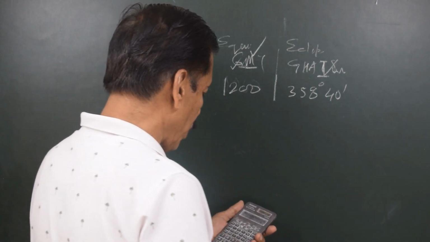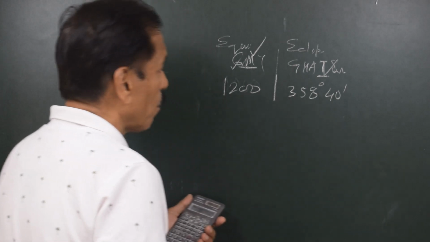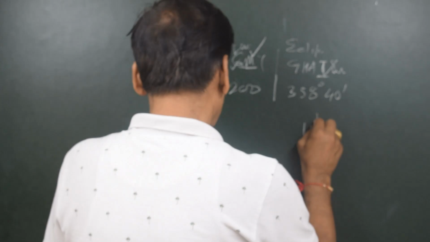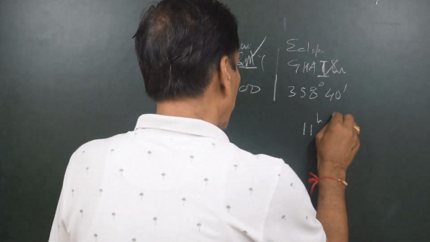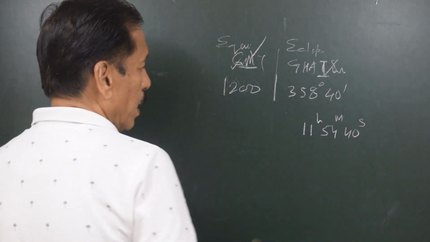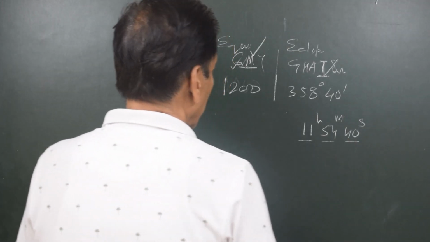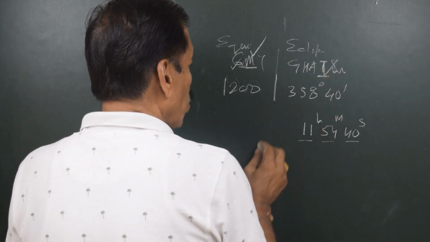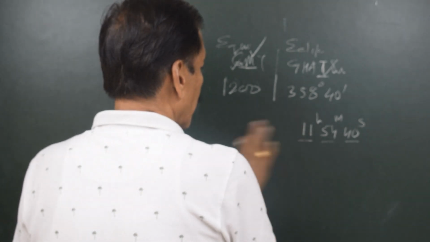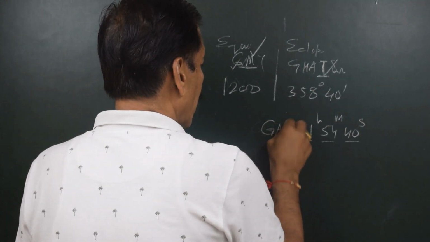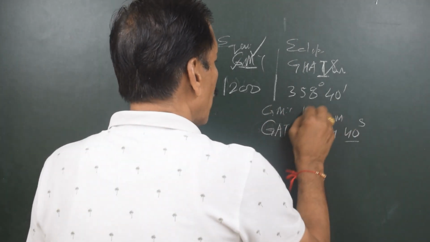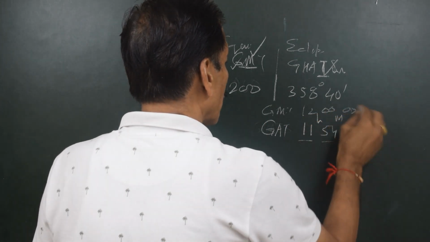That gives me 11.91, and in terms of hours, minutes, seconds, I get 11 hours 54 minutes and 40 seconds. Right? 11 hours 54 minutes 40 seconds. This comes from the true sun, so I will call it GAT. The time that comes from the true sun is GAT. But GMT is 12 hours 00 minutes 00 seconds.